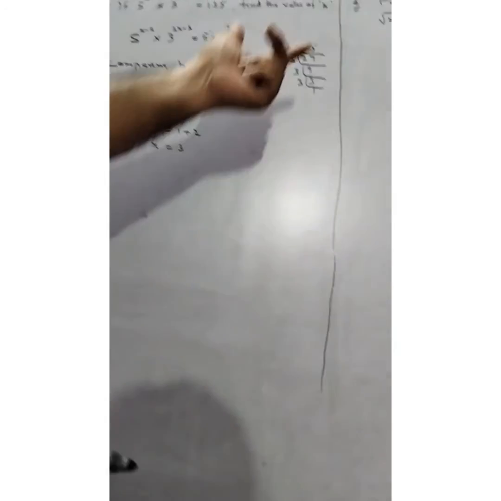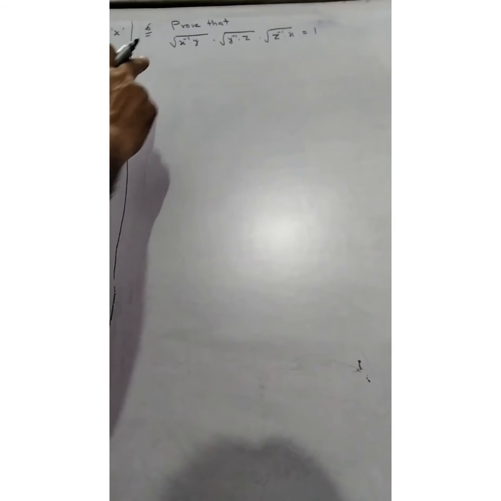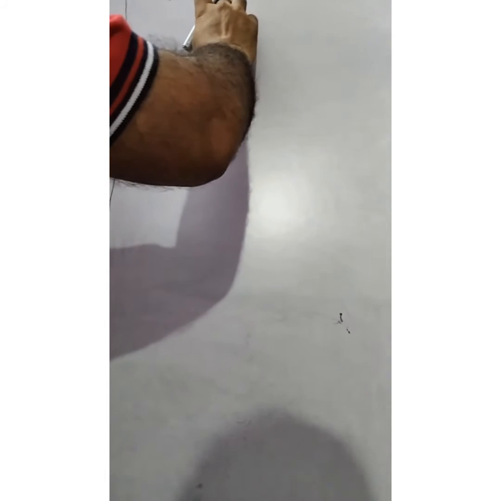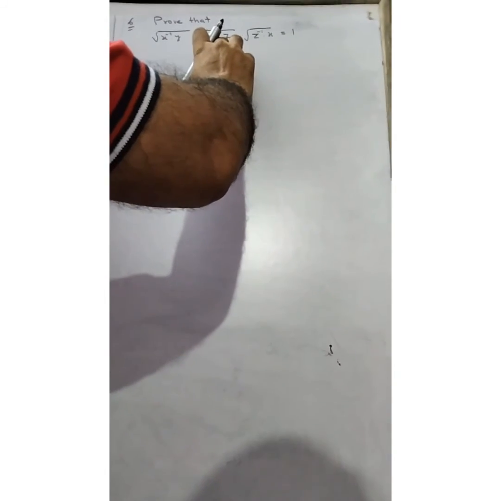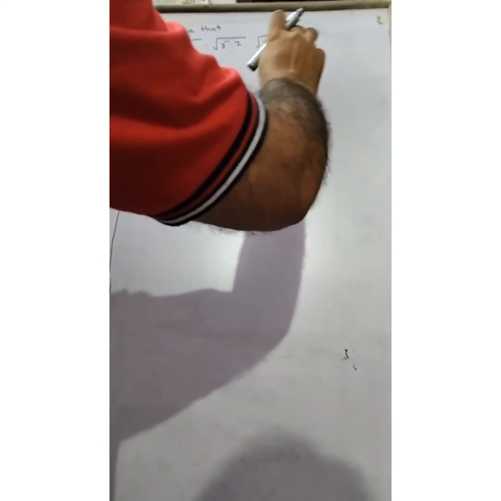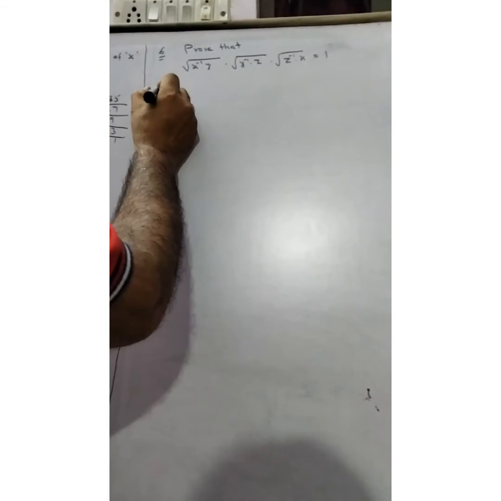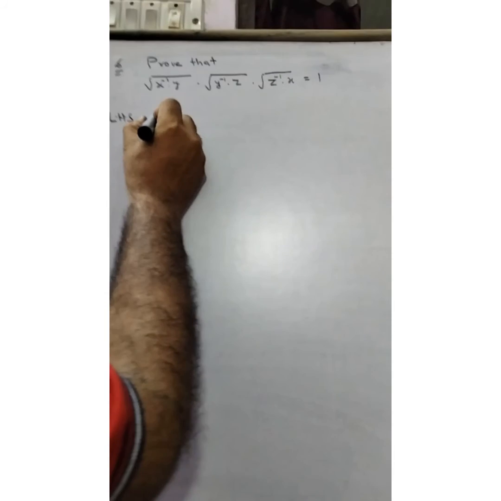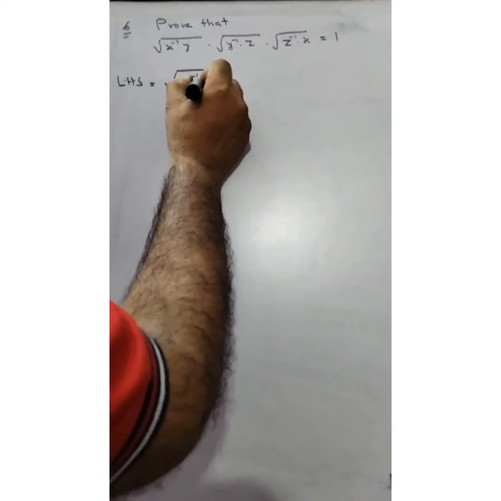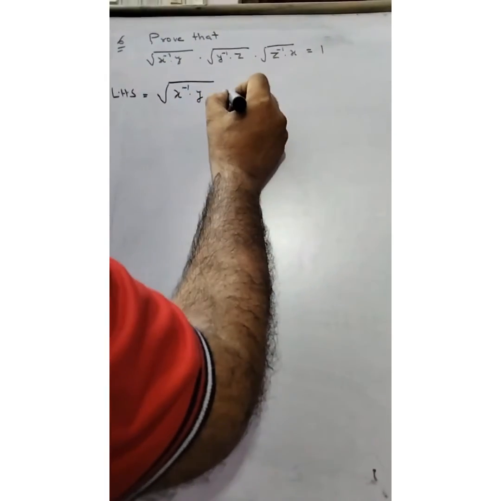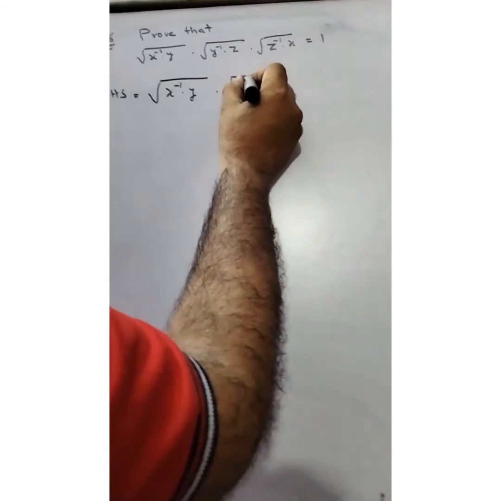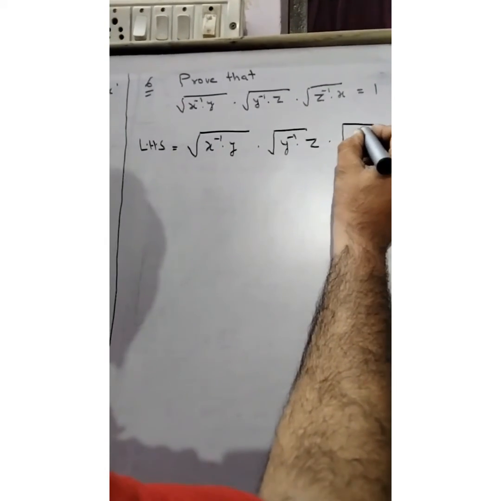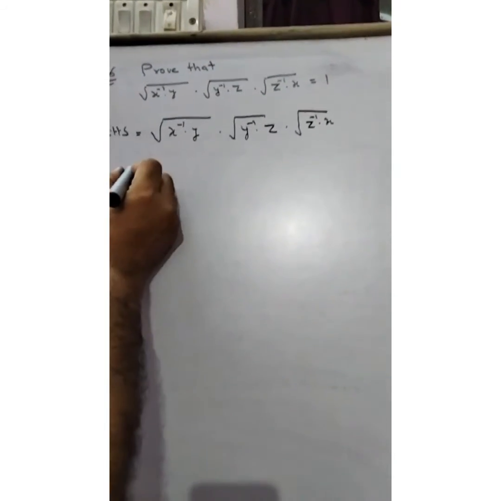Now move to question number 6. Prove that (x to the power minus 1 into y) root, (y to the power minus 1 into z) root, (z to the power minus 1 into x) root is equal to what? Now taking the LHS, x to power minus 1 y into y raised to power minus 1 z into z raised to power minus 1 x.